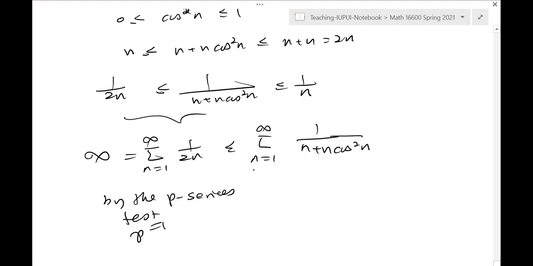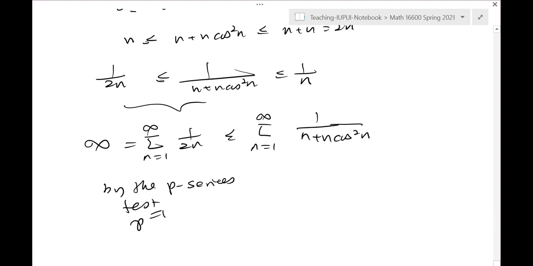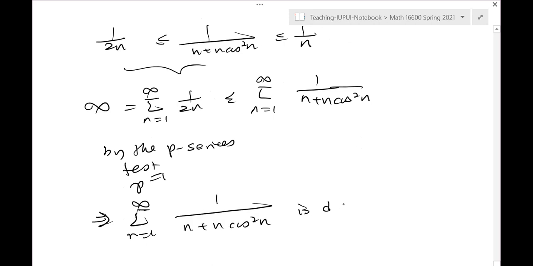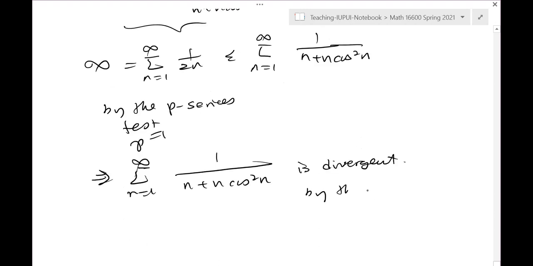So the left-hand side is infinity, then the right-hand side is of course infinity, right? So that implies this is going to be divergent, by the comparison test.